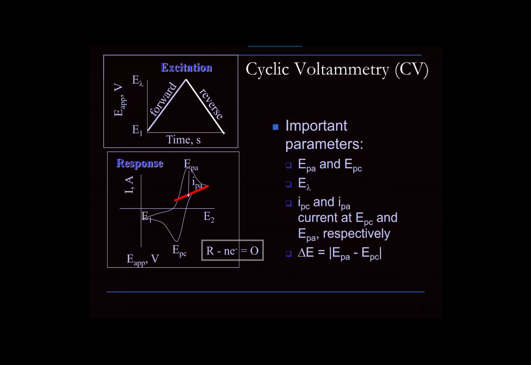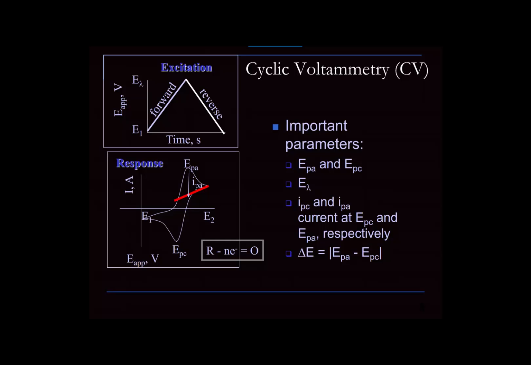The current that flows at those two points we refer to as I-peak anodic, or IPA, and I-peak cathodic, and they can be sampled as shown from the voltammogram. And most modern potentiostats will allow you to extract this information directly using your computer.